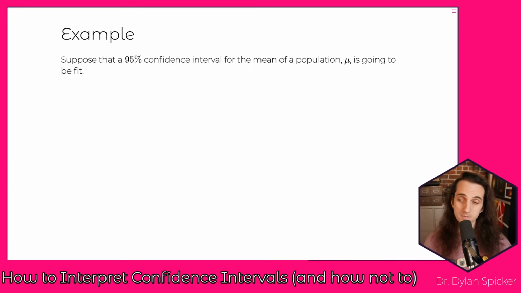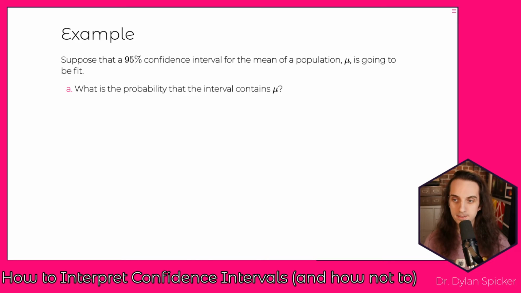So we can think about our 95% confidence interval for the population mean. What's the probability that the interval contains mu? At this stage, we have a process that we're going to follow to fit a 95% confidence interval, but we haven't actually followed it yet. So when we're at this stage, we can say there's a 95% chance, if we go out and follow this procedure.